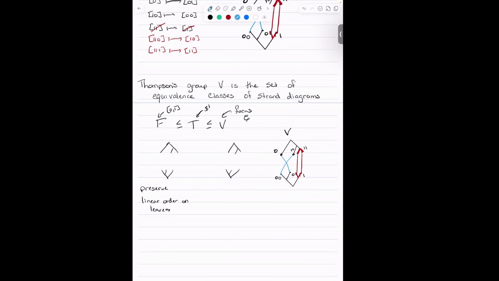And so what that means is once I have the tree pair, I only have one choice. The first one has to go to the first, the second one has to go to the second, the third one goes to the third. And one can use this to get a description in terms of piecewise linear homeomorphisms of the unit interval.